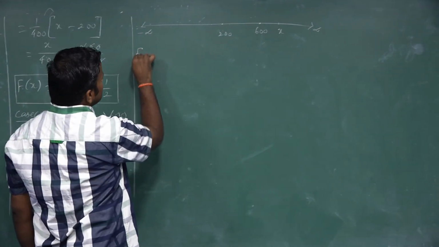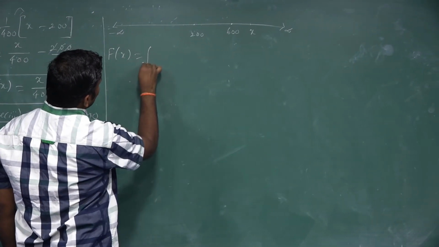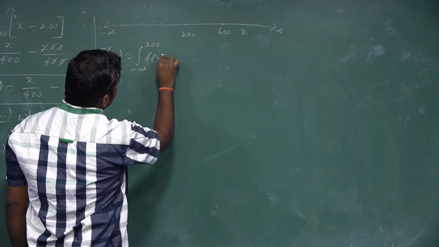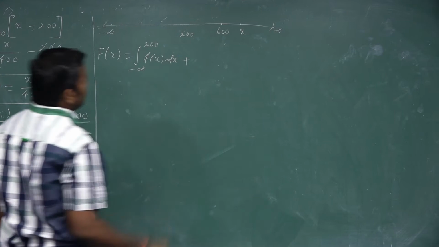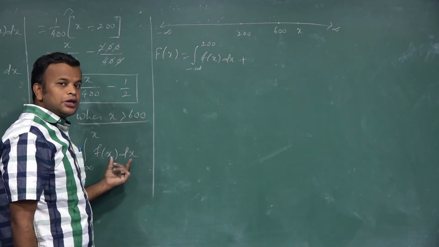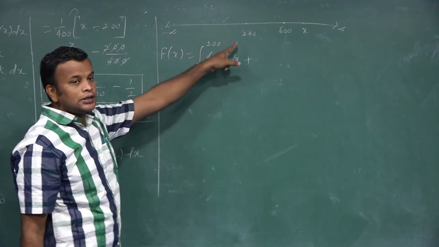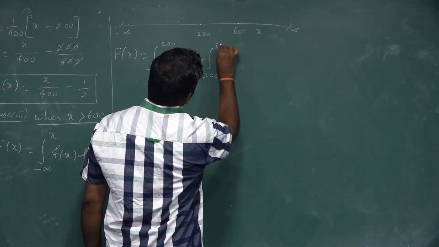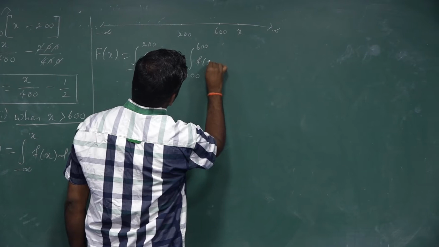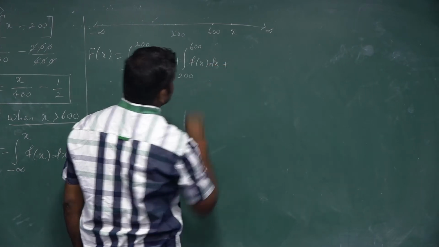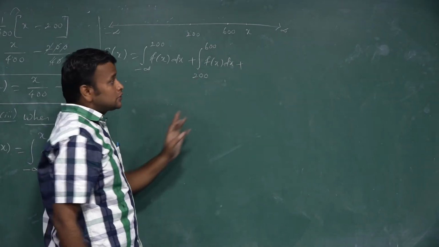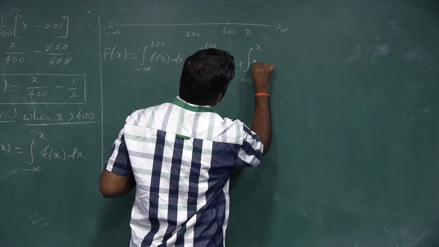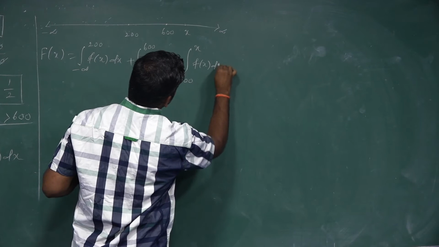So capital F of x is the integral from minus infinity to 200 of f of x dx, I split the single integration into so many integrals, plus the integral from 200 to 600 of f of x dx, plus the integral from 600 to x of f of x dx.